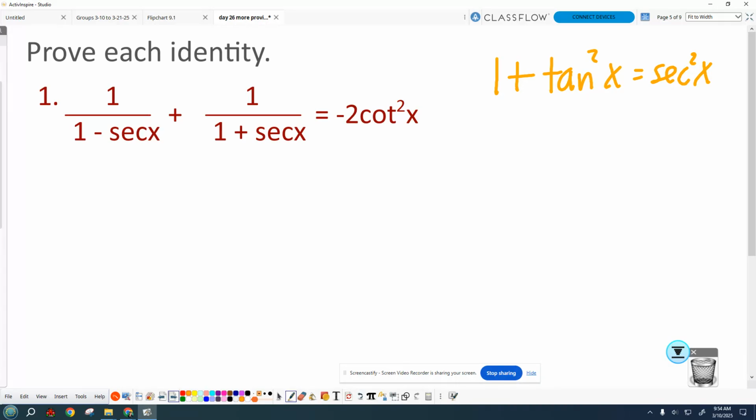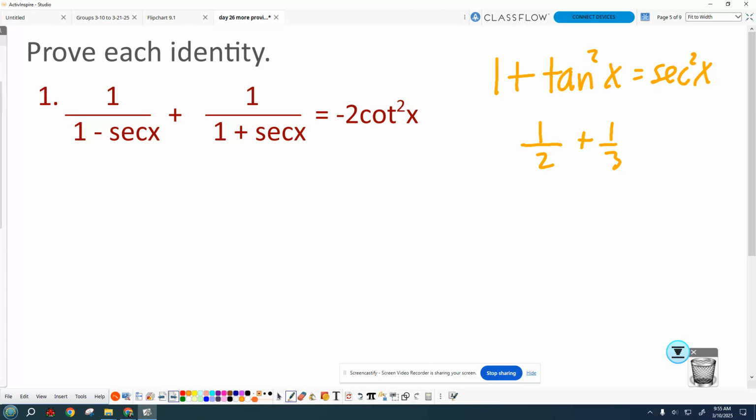So Kat, what would you do first? Could you change both of the secants and the cosecant? No, I mean, to tangent. Okay. I got a fraction plus a fraction on one side and not a fraction on the other. So, Sasha, what's your suggestion?